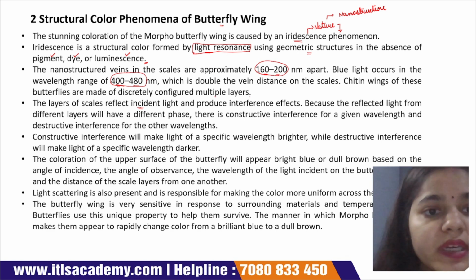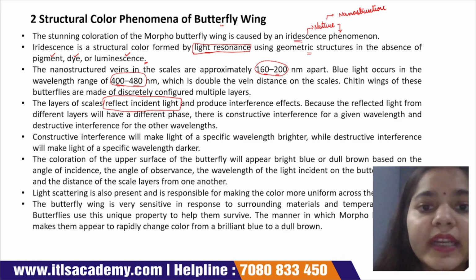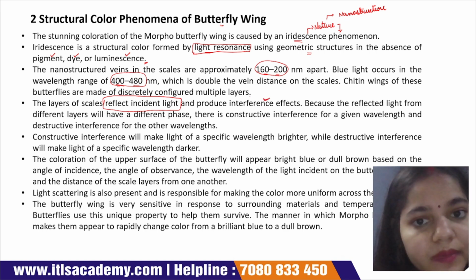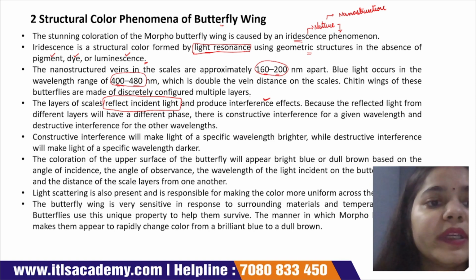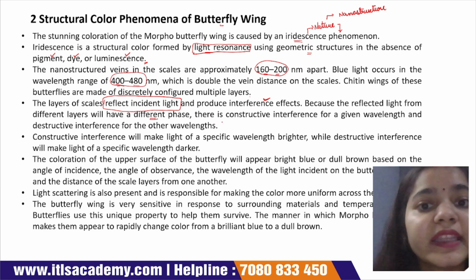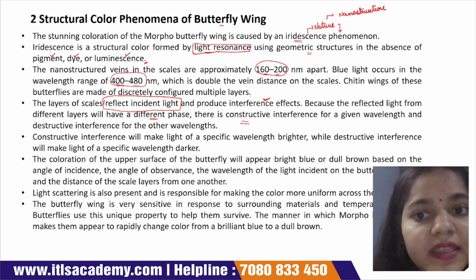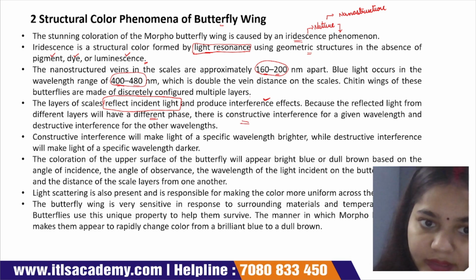Whenever light reflects off the wings, the layer of scales reflects the incident light, and due to this reflection, interference will be produced, because the reflected light from different layers will have different phases. This gives constructive interference and destructive interference.